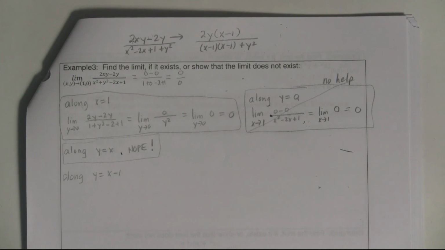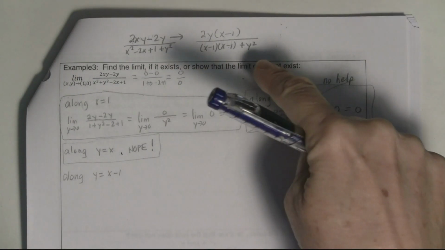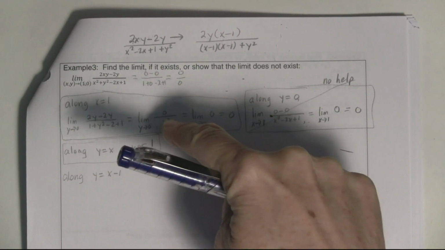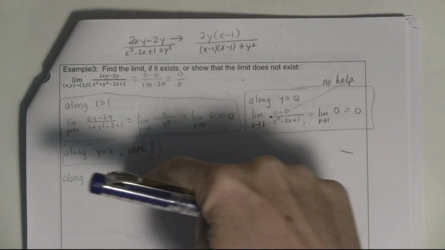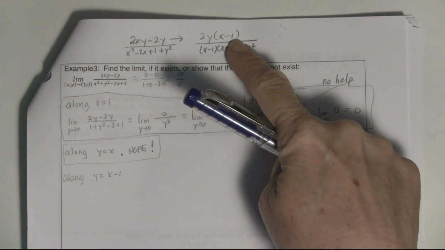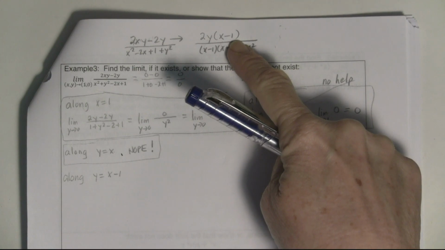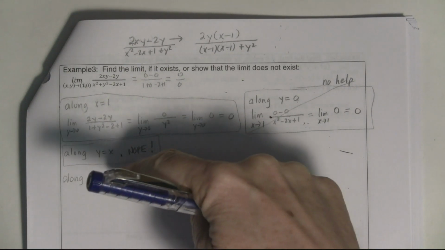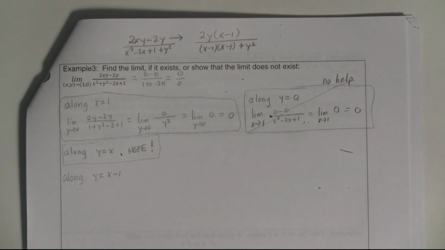But I can replace, because I have the x minus 1s, and it's on my path, going to my point here, I can replace either y with x minus 1 or all of the x minus 1s with y. Your choice on that. Whichever one you want to do, it doesn't matter.